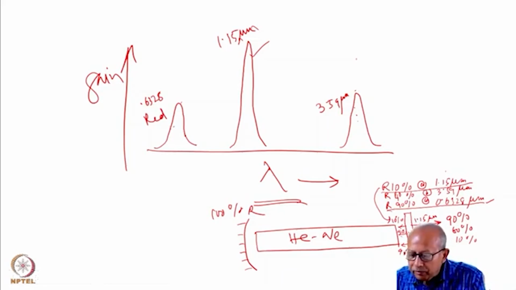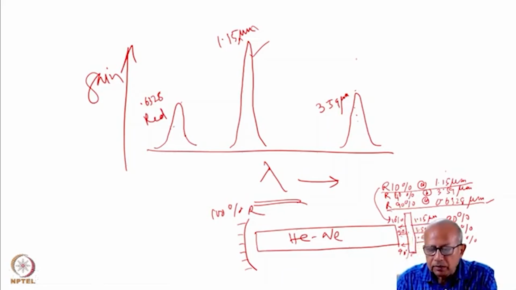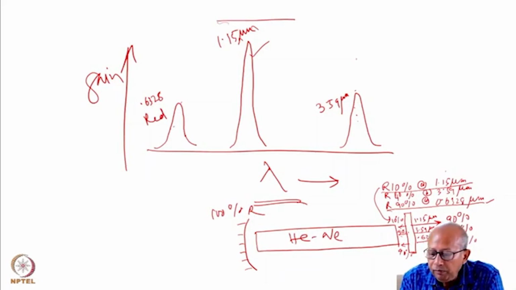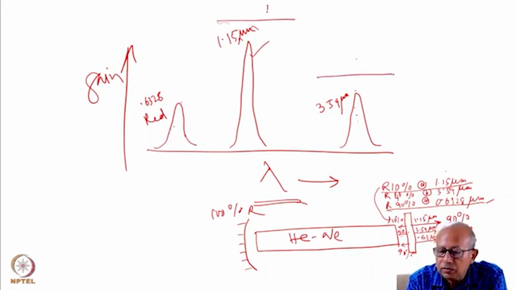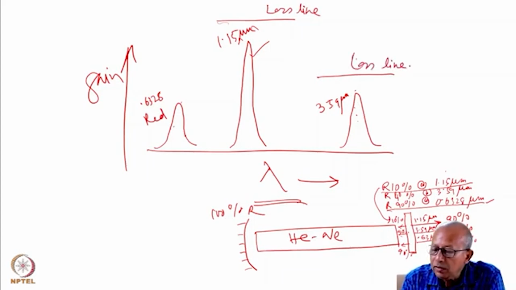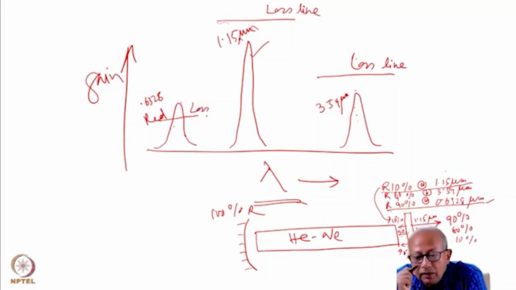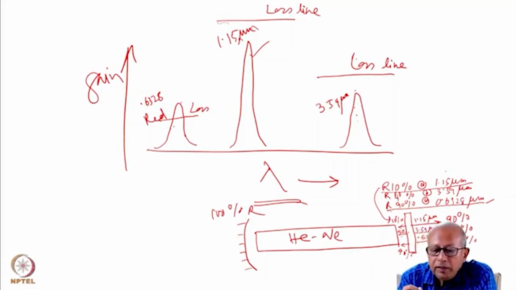Now suppose we look at the loss lines. For 1.15 micron, suppose the loss line is located here, loss is very high. For 3.59 micron, this is the loss line. The loss line is now wavelength dependent. For the red line, the loss is so little that it is located here. So now you can see in this scenario, there cannot be any lasing on either of these two lines. The line with the highest gain cannot lase because the loss is now more than the gain.